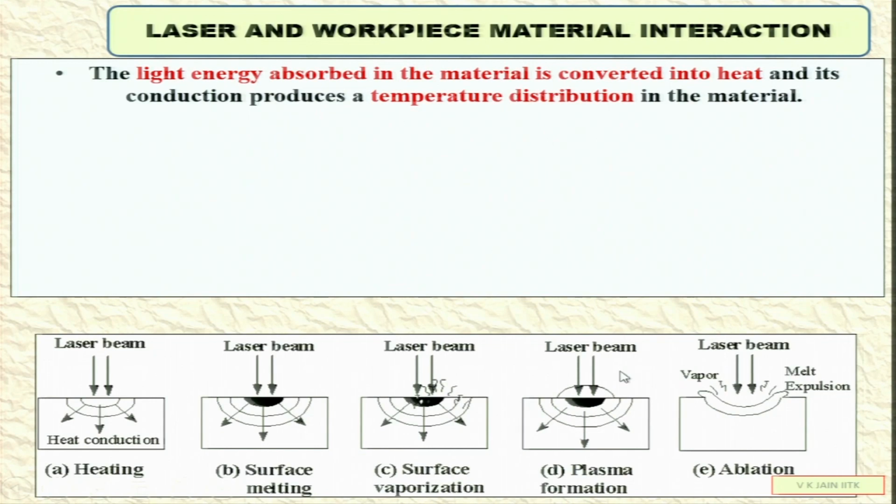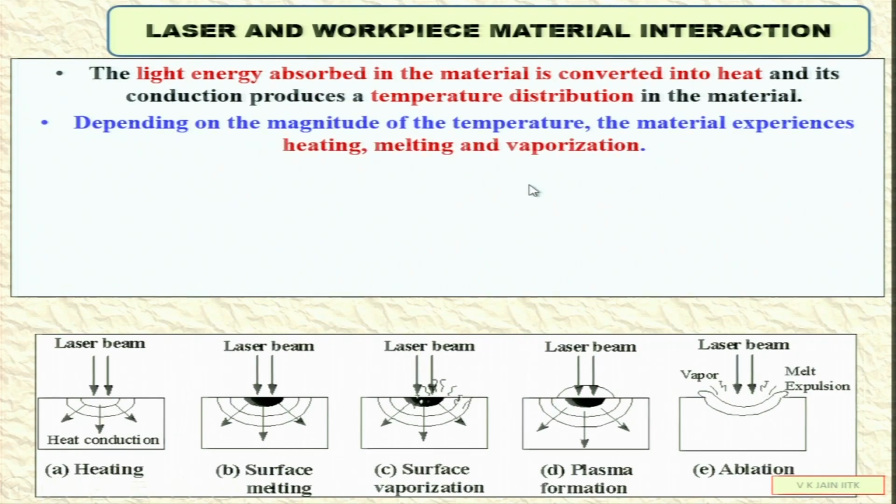The light energy absorbed in the material is converted into heat and its conduction produces a temperature distribution in the material, that is the workpiece material. Depending on the magnitude of the temperature, the material experiences heating, melting and vaporization.